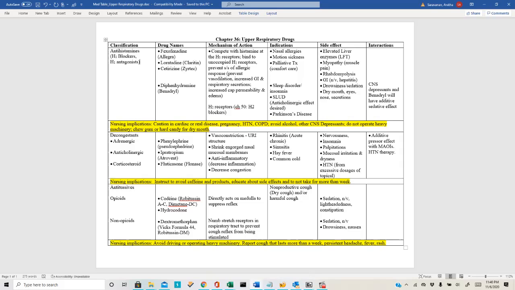The H2 is predominantly present in the stomach. I just told you that the histamines are present in 3 areas: the skin, the GI, and the respiratory tract, right? So H2 is only in the GI. H1 is present in the skin and in the respiratory tract.